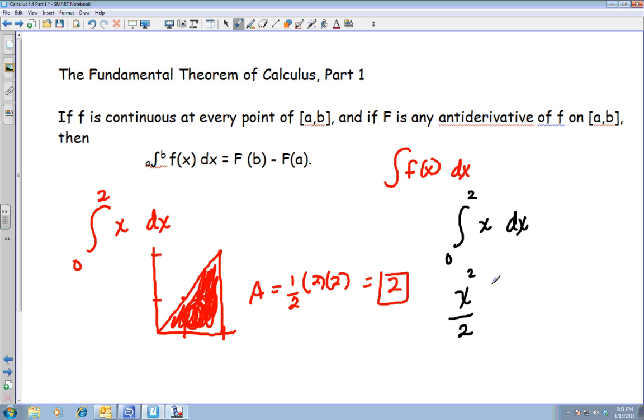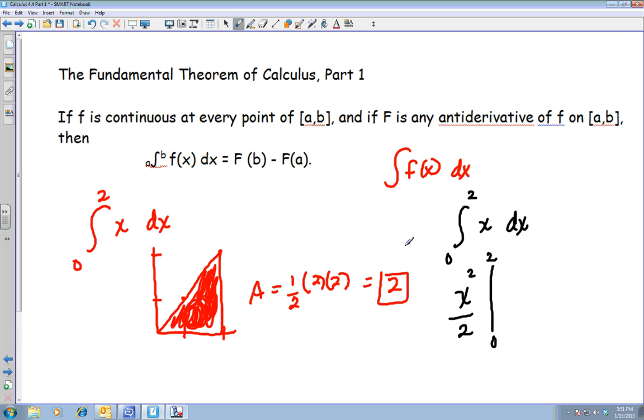And normally we would put plus c, but since this is a definite integral, I'm not going to put the plus c. I'm going to be substituting these numbers in. Now here's how I write the notation for that. After I find the antiderivative, I put this vertical line, and then I put my upper and lower limits. It says find the antiderivative and then plug your top number in.